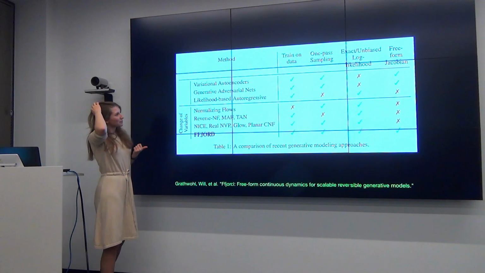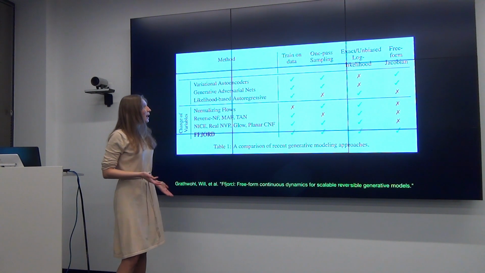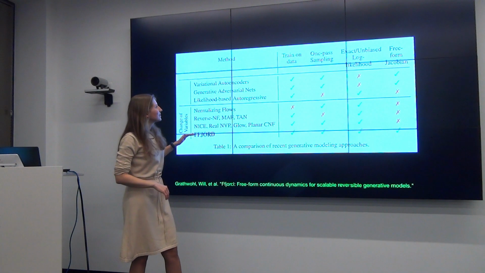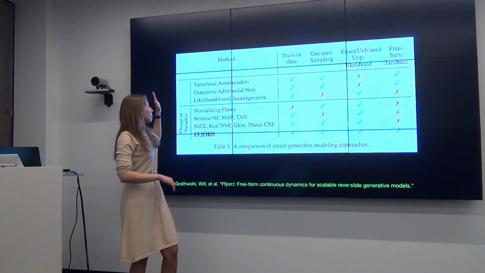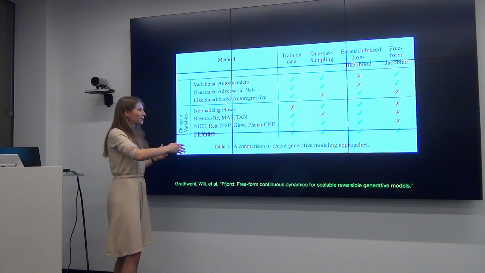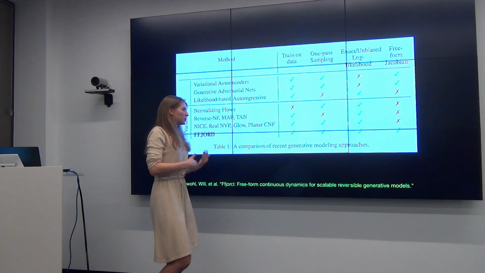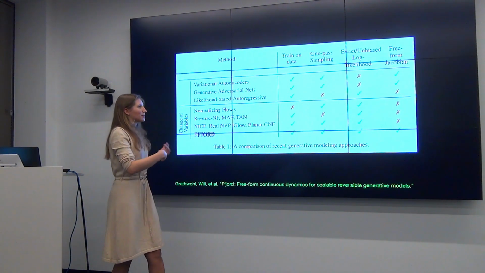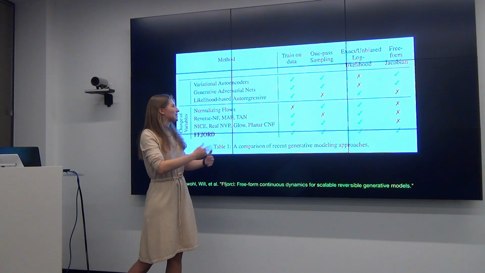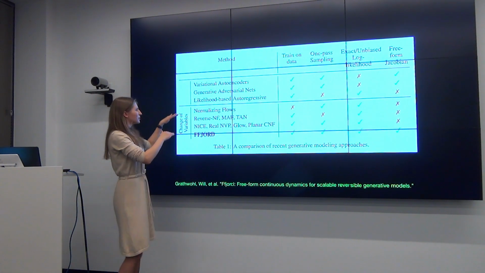Also, they compare with other generative models, and this column says that the model can be directly trained on data, which means it can maximize log likelihood or something like this.